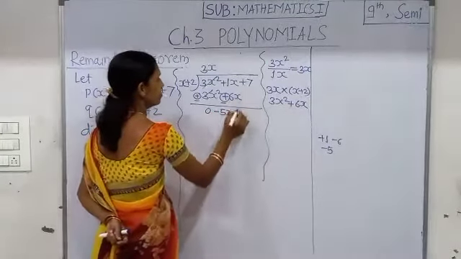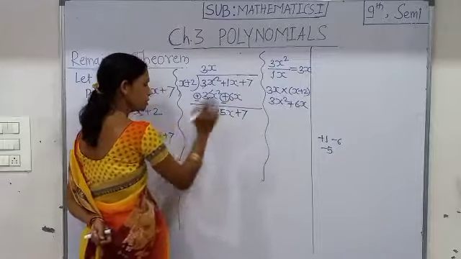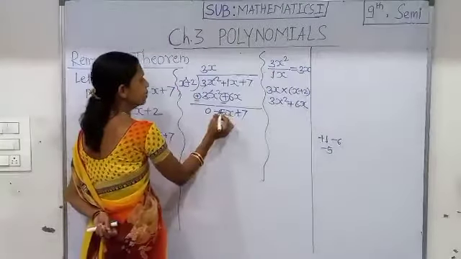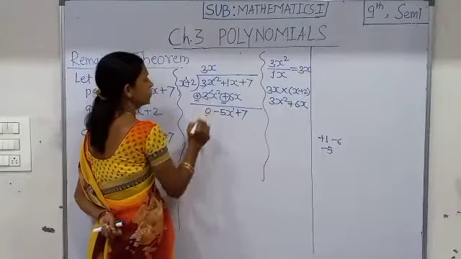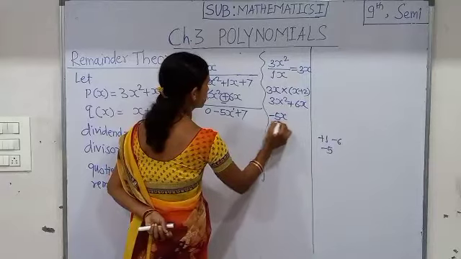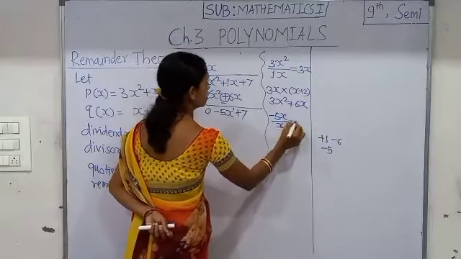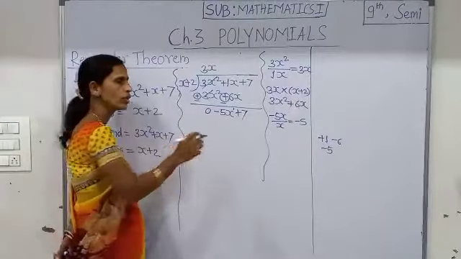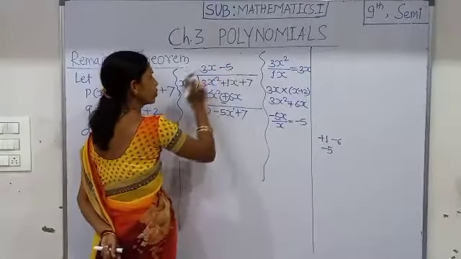Then plus 7 is brought down. Again, the degree of x is 1 and minus 5x has degree 1, therefore we can divide minus 5x by x. Here we get minus 5, so we write minus 5 in the quotient.